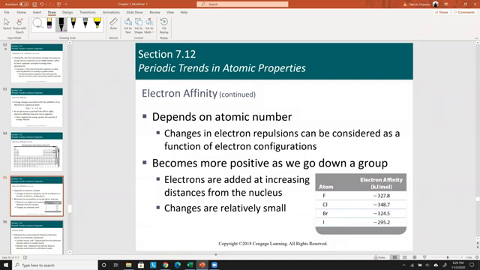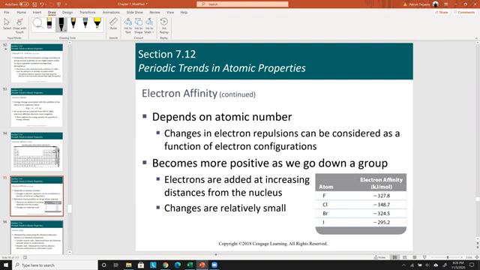In general, that's a good rule to know. In smaller atoms, if you add or remove electrons, it usually requires more energy than in larger atoms, because once you're further away from the nucleus, there's not that much pull on those electrons. In order to gain or lose them, it would not take that much energy. So the magnitude of the energy released generally decreases when you go down the chart.